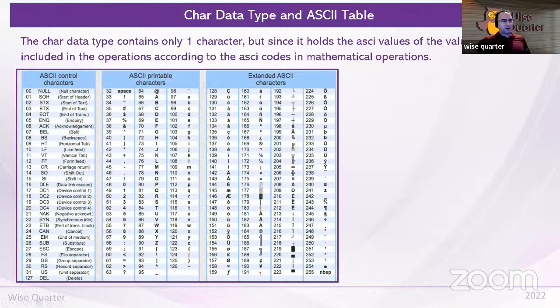It has its own benefits, and we will use this property, of course, but we should know that every character has different values. You can reach this table from Google. Just write ASCII table on Google, and you will be able to see this chart, the ASCII codes.